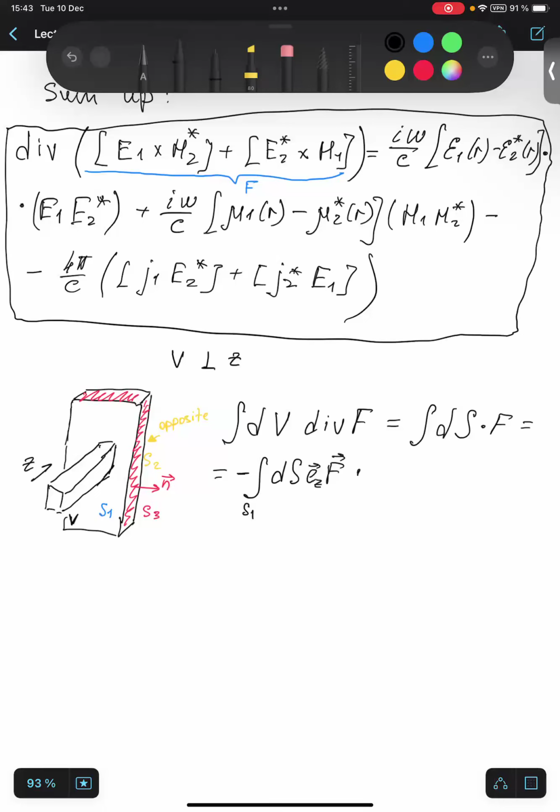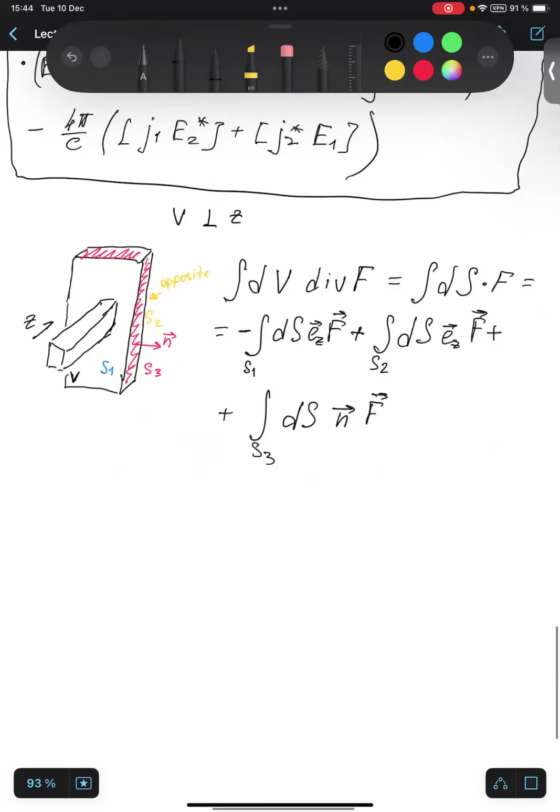The second part, plus, over S2. We have almost the same integral z, and the third part is over S3, ds, normal vector and f.